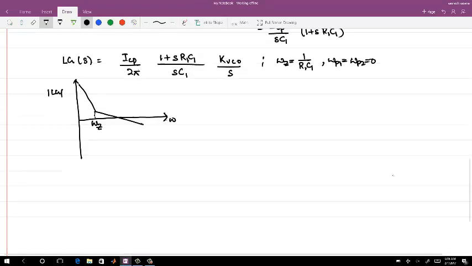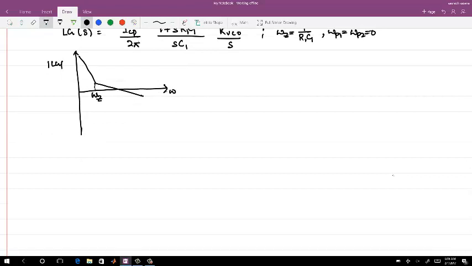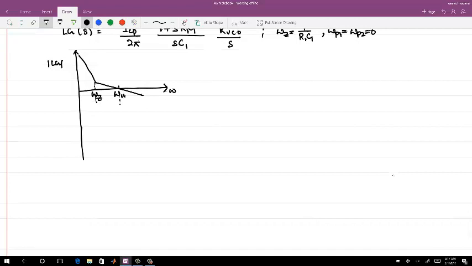Okay, so for the phase, wherever the loop gain is crossing 0 dB, I am just calling this the unity gain frequency. You start with a minus 180 degree phase.